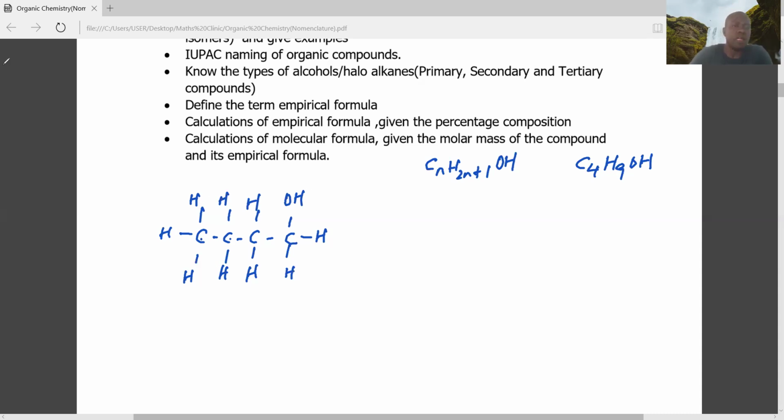Okay, fine. So now, if you look at this alcohol here, if I change this alcohol, let's say I draw another one. Let's say we have 1, 2, 3, 4. Okay, 1, 2, 3. Then let's say here it's OH.